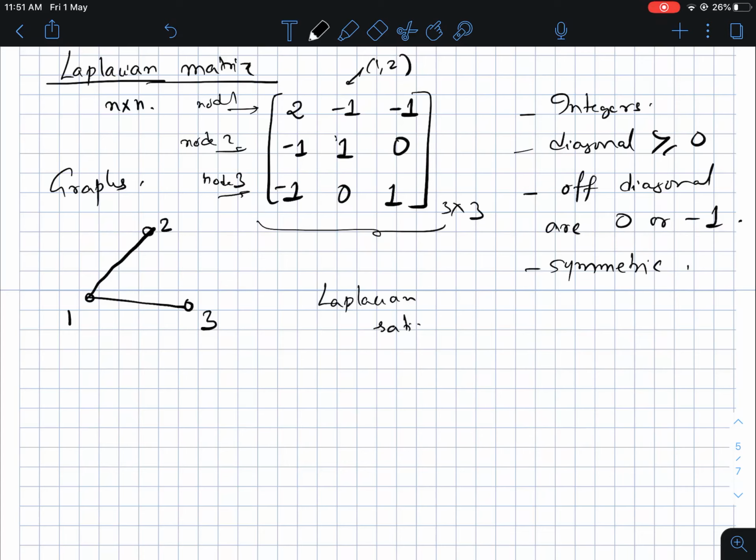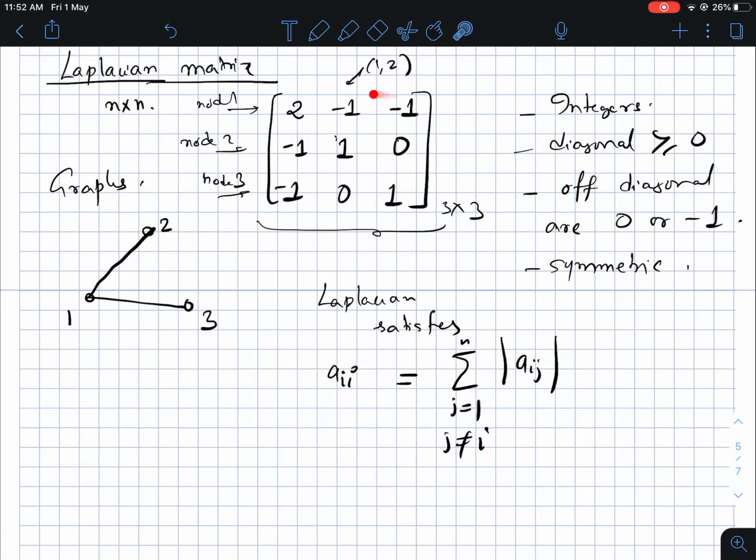satisfies a_ii is always bigger than, sorry, equal to, that's what I mean, equal to the summation of the absolute values of a_ij, j equal to 1 to n, j not equal to i. Okay, we can see that from the very definition I gave, right?